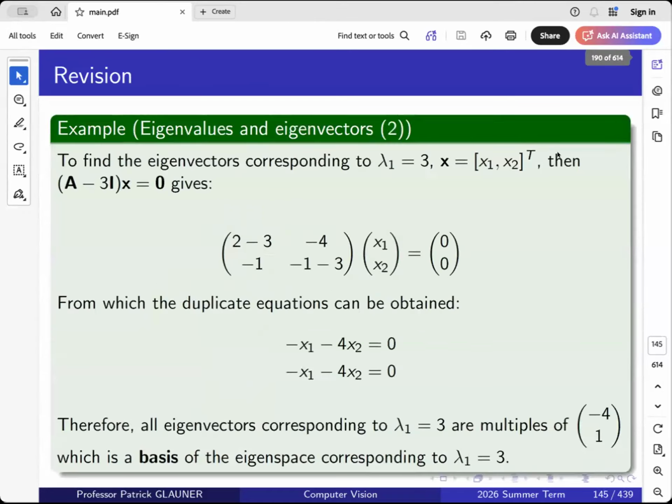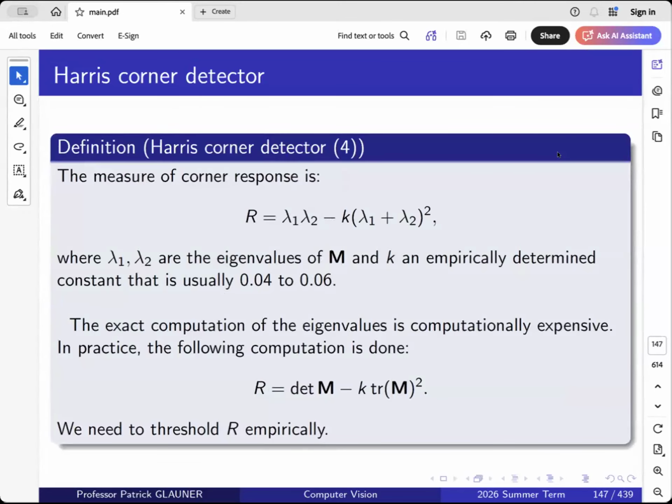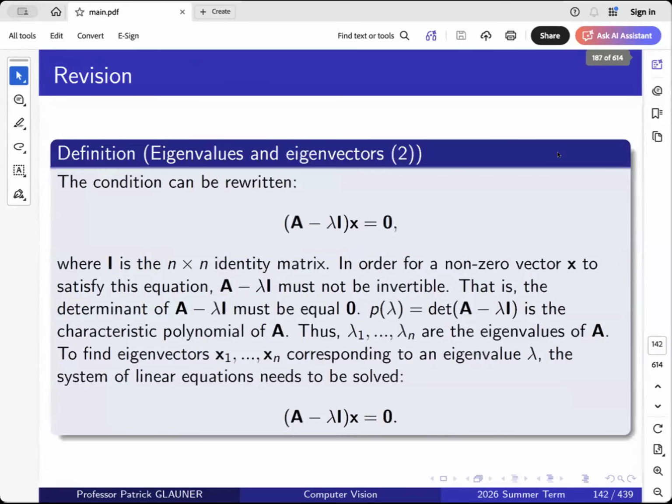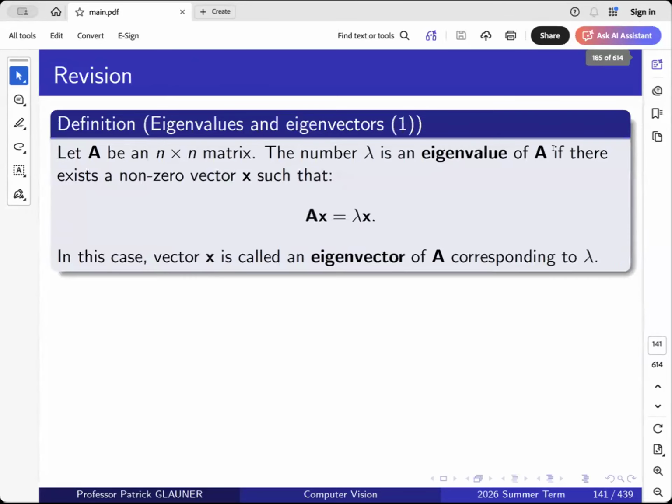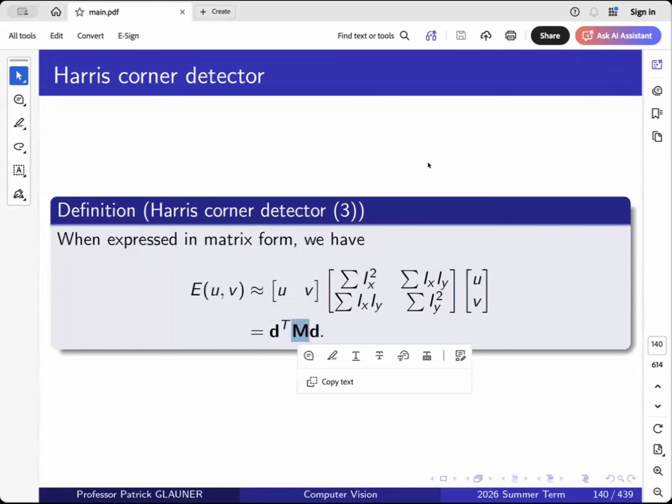And what happens if I take matrix M from before and calculate its eigenvalues?